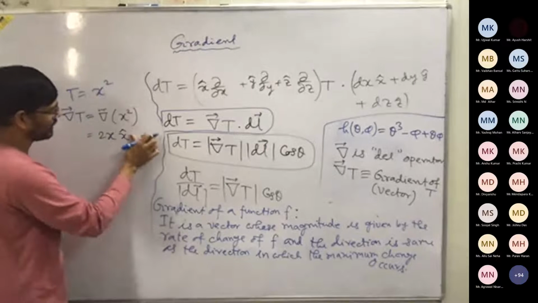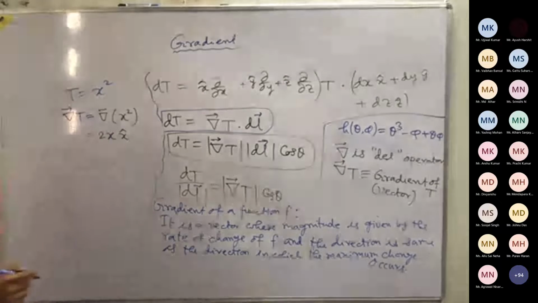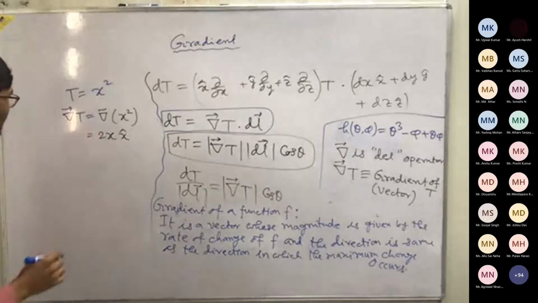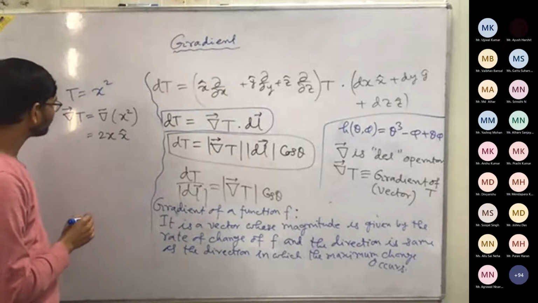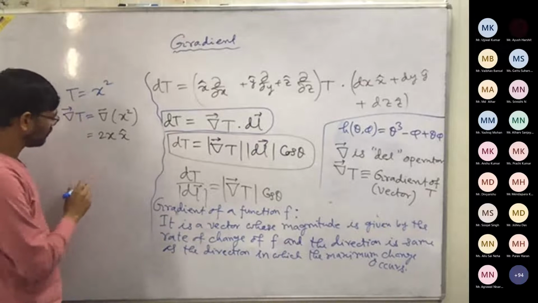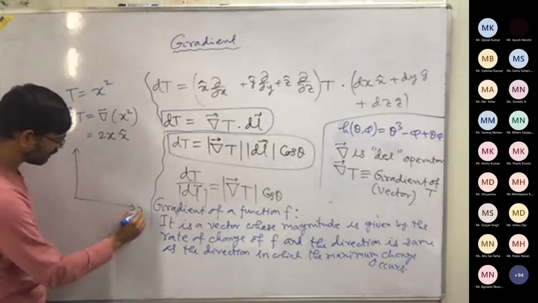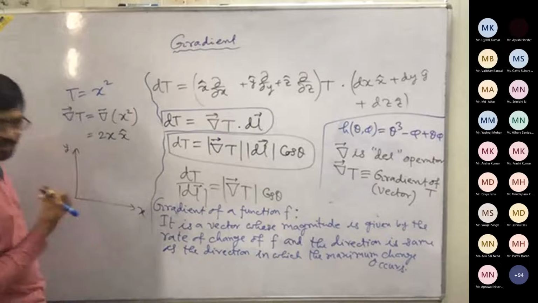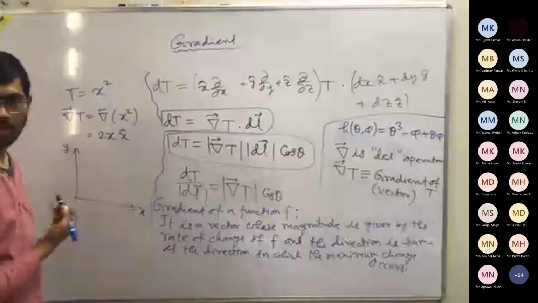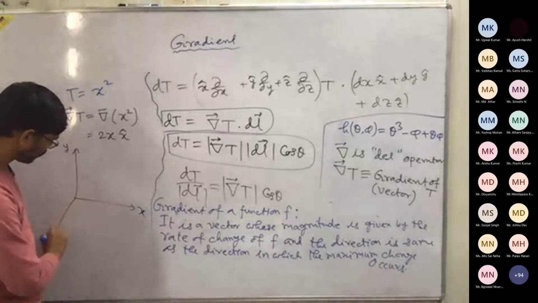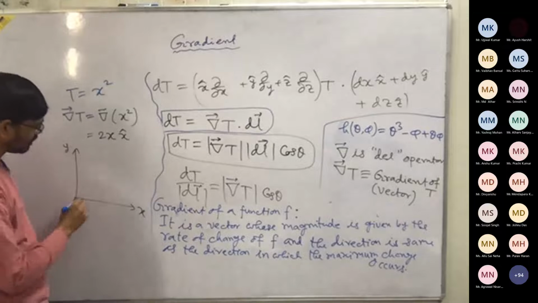So you get this quantity. Now, if you want to make a plot of this function, what do you get? Let's say here is your coordinate x, y, and z is perpendicular to the board. Let's put z in this direction.